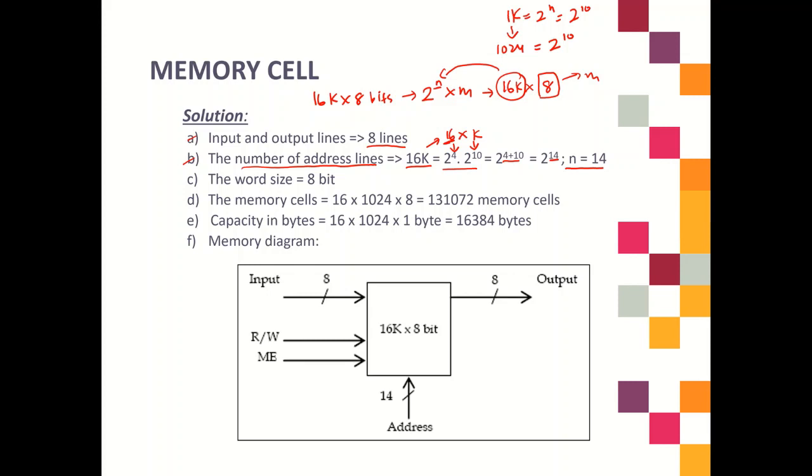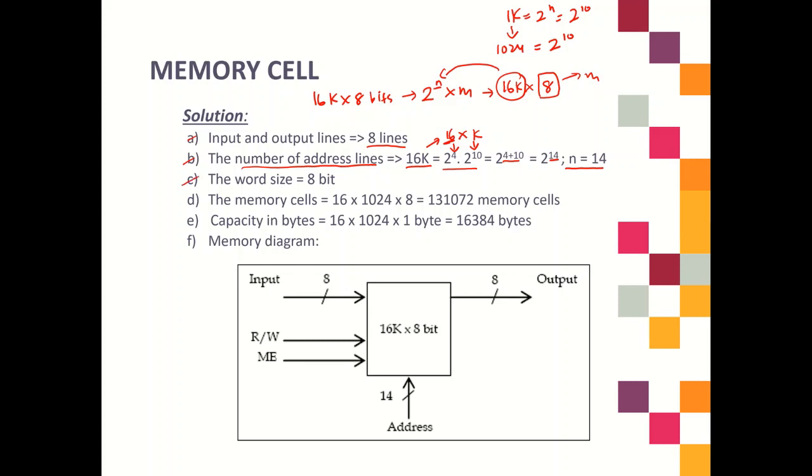That is another method, but I prefer using this method, because you always know that 1K is equal to 2 power of 10. You just find the value of the first value, which is 16. In this case, you need to find the power of 2 for 16. So 16 is power of 4.